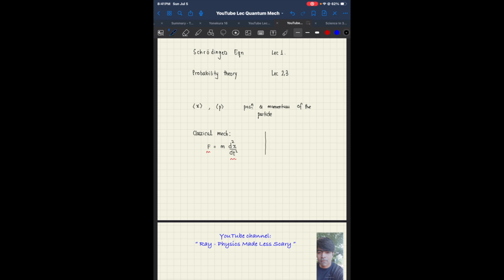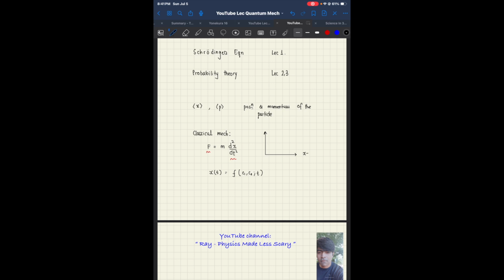As I mentioned in lecture 1, x of t would have two undetermined coefficients, say c1 and c2, and it would be a function of time. Why two? Because of the second derivative. These are the constants of integration. Once you fix them using boundary conditions, you would find a trajectory for this particle.